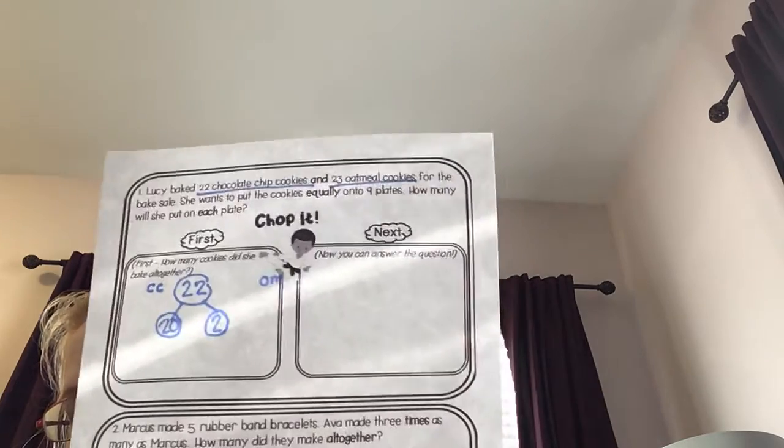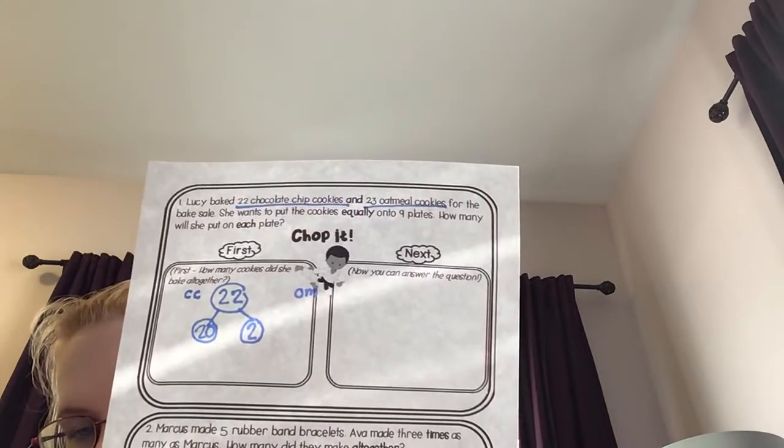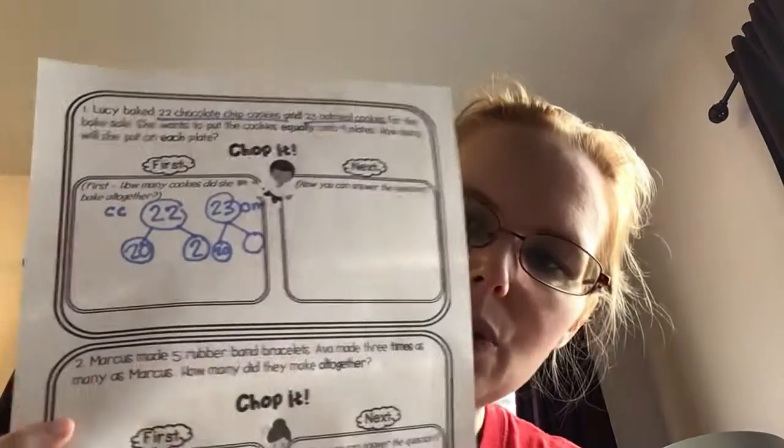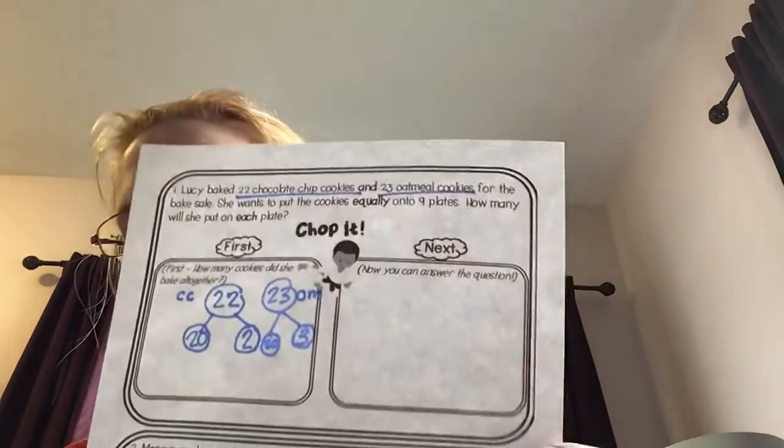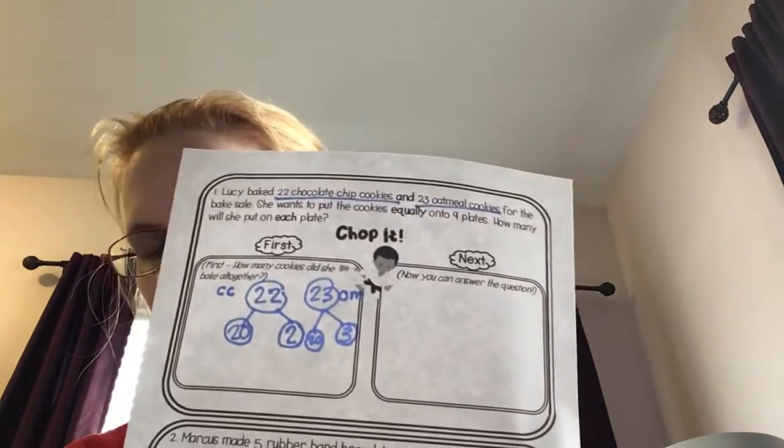So I am going to draw another number bond with 23. And I'm going to divide that into parts and break it up into 20 and 3 more. What's that make, guys? 23.